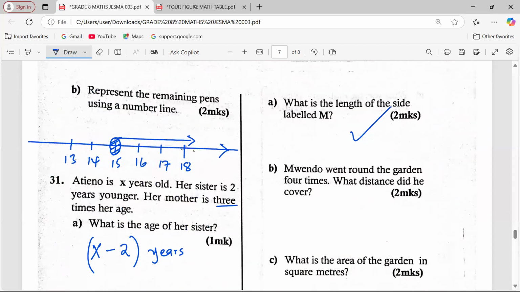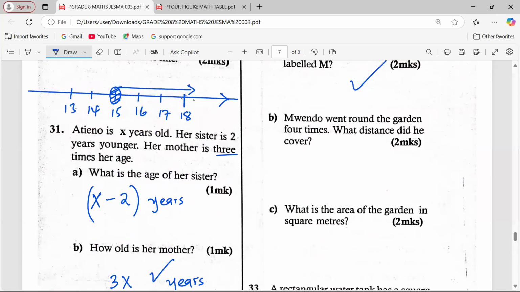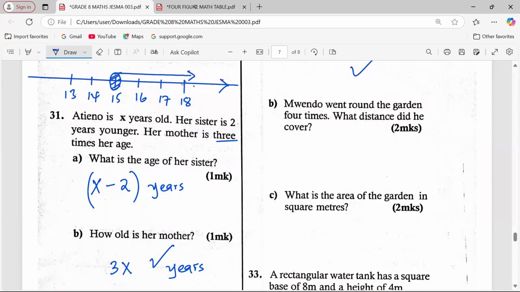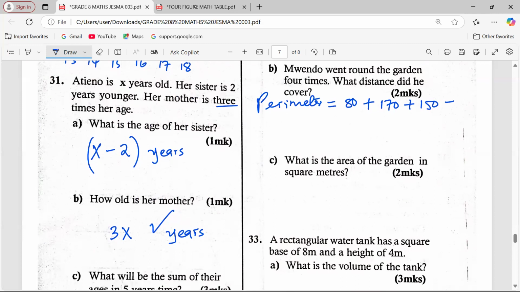Mwendo went round the garden 4 times. What distance did he cover? So let's get the perimeter first. In case he makes only one lap, it will be 80 plus 170 on one side and 150 on the other side. This is going to give us 400 meters.